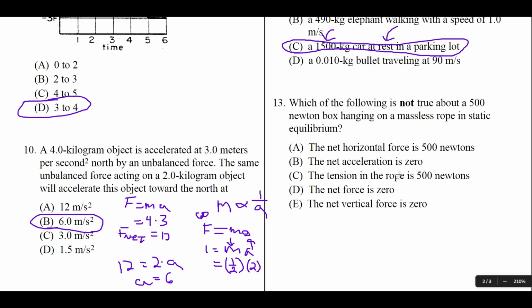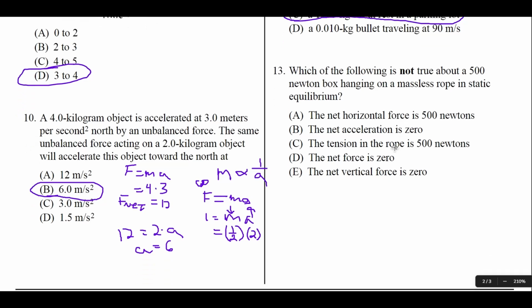All right, question 13. Pause the video, work it yourself. We'll go in a second. All right. So they say, which of the following is not true about a 500 Newton box hanging on a massless rope in static equilibrium? If an object is hanging from a massless rope and it's 500 newtons, there's a few things that we know.